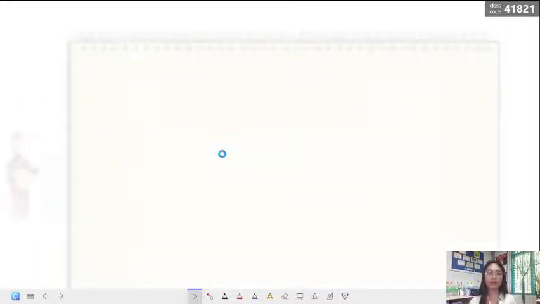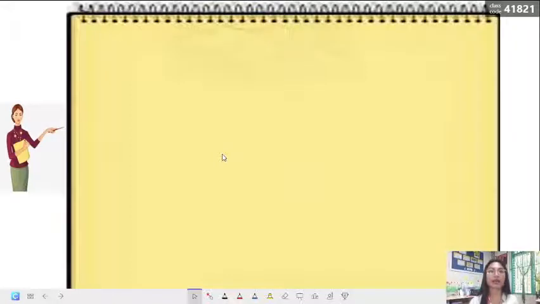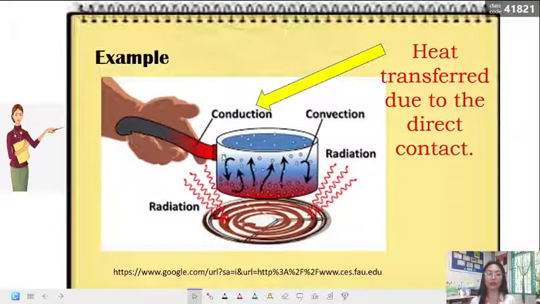Okay? So let us illustrate in our daily life. Do you experience boiling water in a pot? I think this is very common. So why do you think I set this one as the example for conduction? Where do you think conduction happens here? Okay. If you noticed, this line is pointed to the handle of the pot.